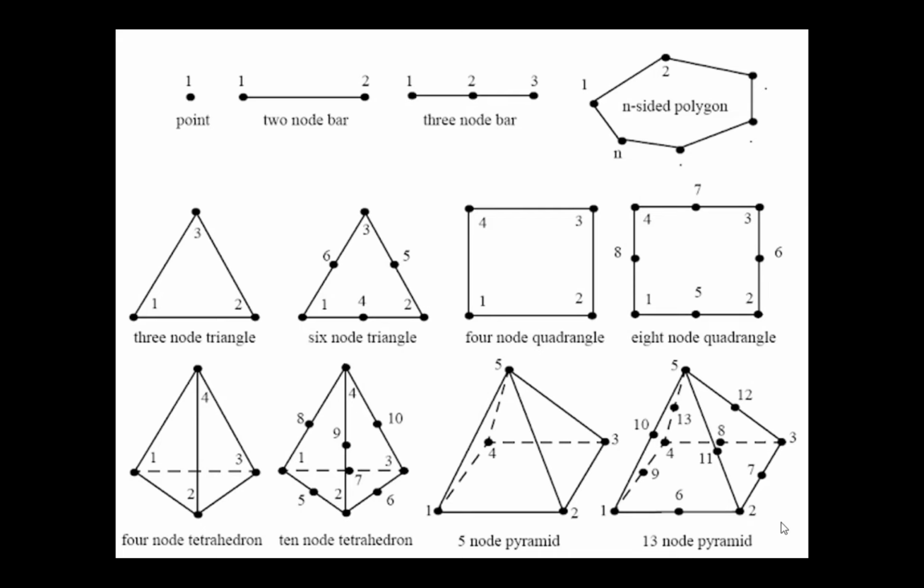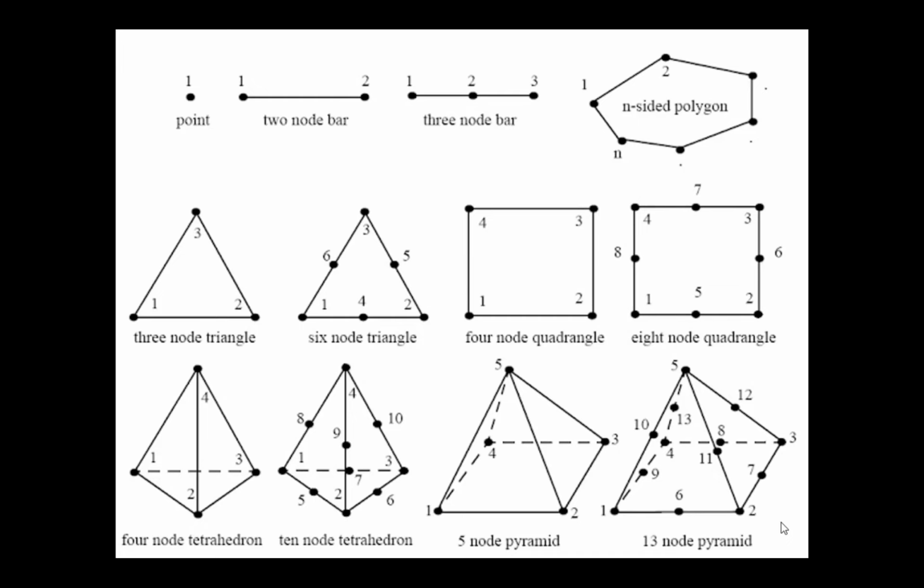Look at the points: each and every point constitutes the nodes in our study. If I consider more nodes, obviously the complexity of the problem tends to increase. Up to 8 node triangle or quadrangle, we come with the 2-dimensional ones. We consider these as 2-dimensional elements.